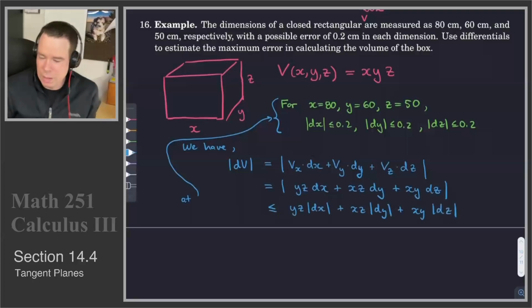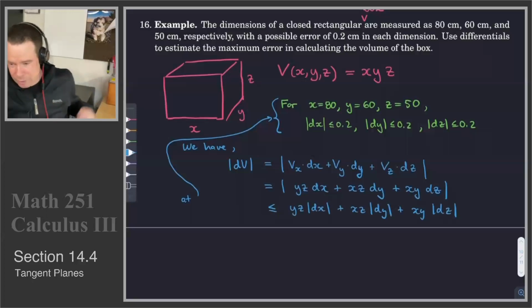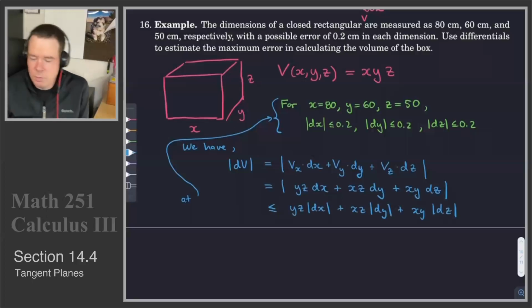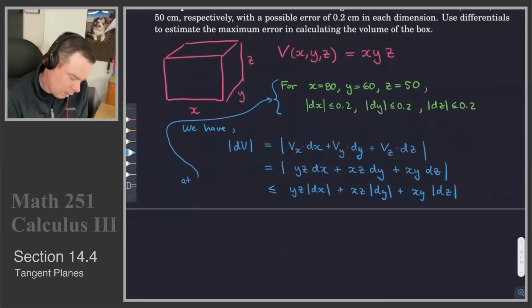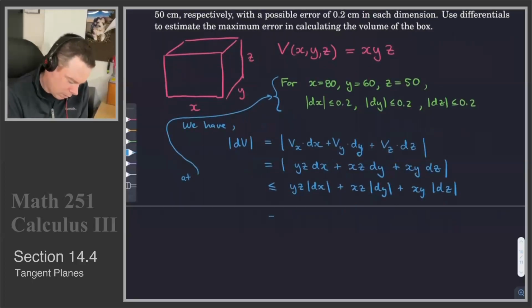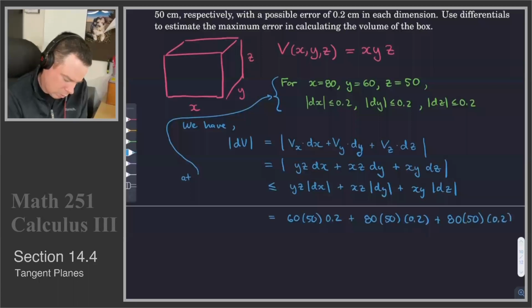So I've just pushed the absolute values in, since I'm looking at the absolute value of a sum. Well, that would be less than or equal to the sum of the absolute values. And now that means I can go ahead and plug these values in. 60 times 50 times 0.2, plus 80 times 50 times 0.2, plus 80 times 50 times 0.2.